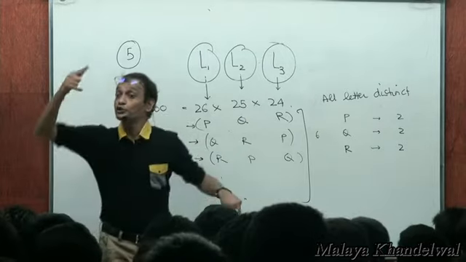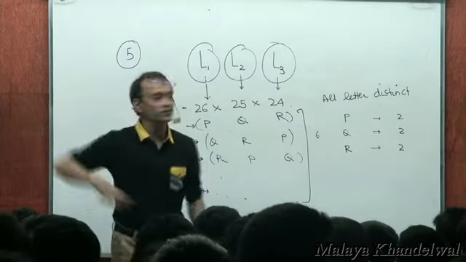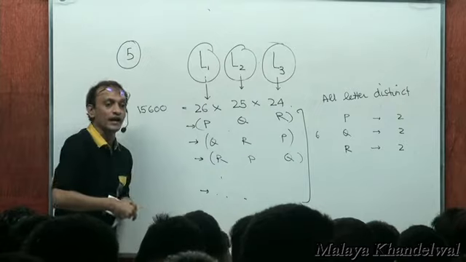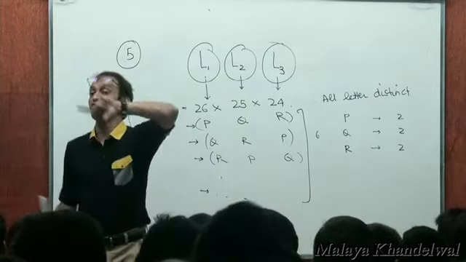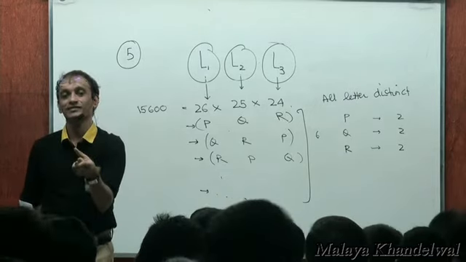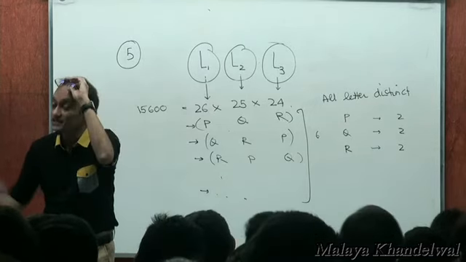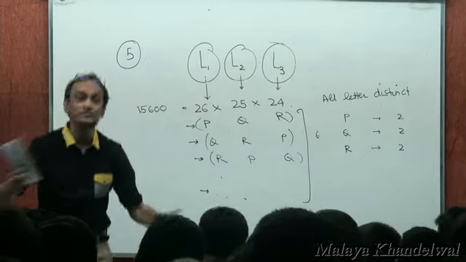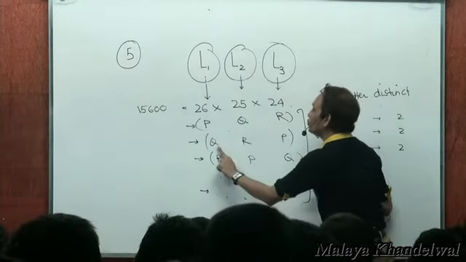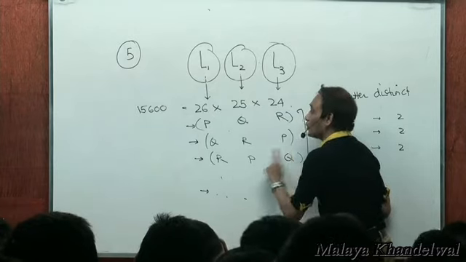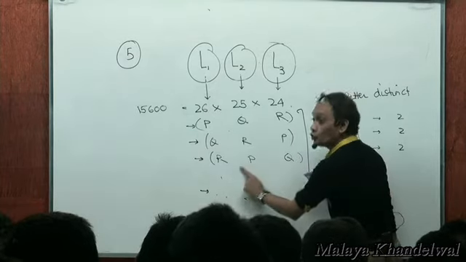They have contributed 6. In this 15,600, a PQR collection has appeared six times in different ways. With P in the first place, QR, RQ. With Q in the first place, RP, PR. With R in the first place, PQ, QP.